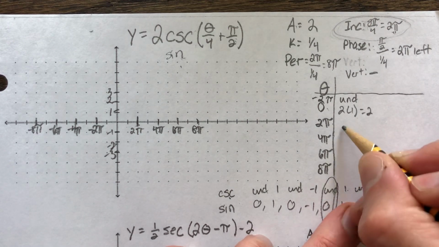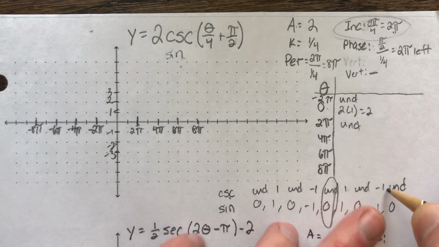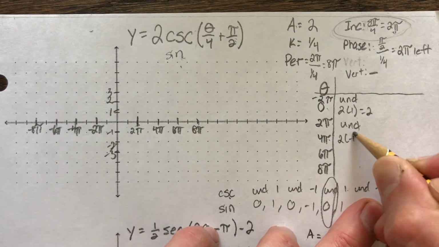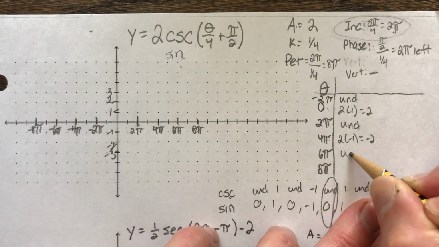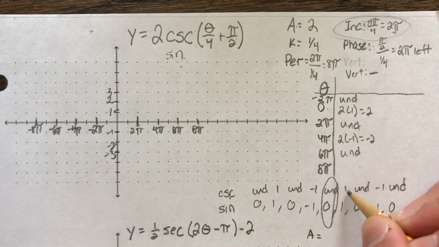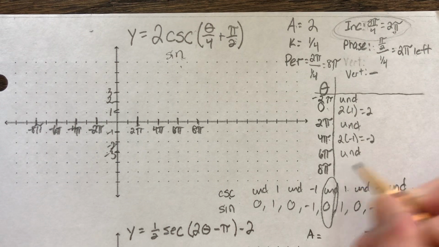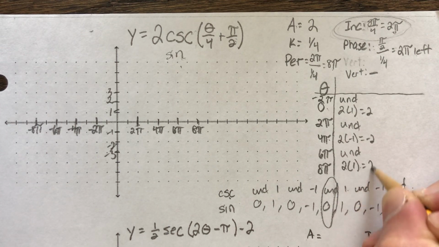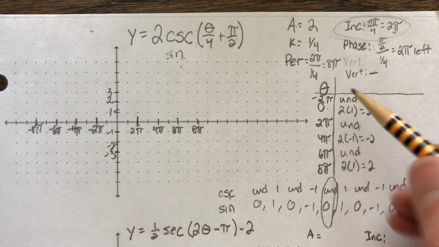Then at 2 pi, you're undefined. At 4 pi, you're plugging in -1. Then undefined. Technically if you want to go again, what would come after this undefined would be the 1, if you want to do it that way.